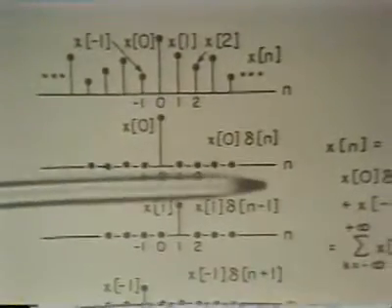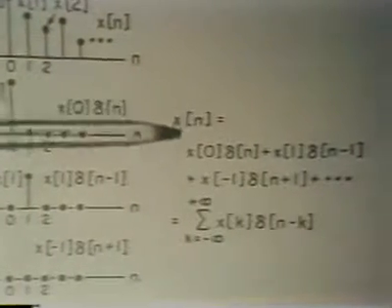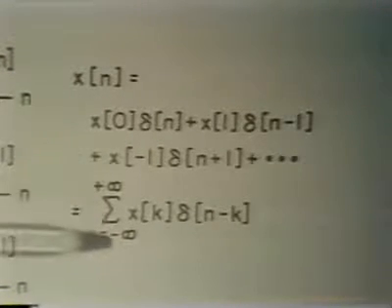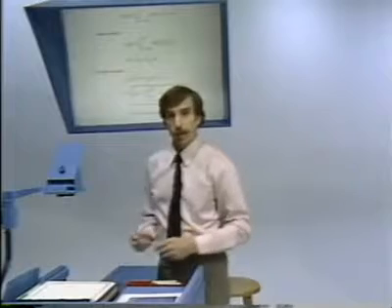Algebraically, then what that corresponds to is representing the sequence as a sum of individual terms, as I've indicated here, or in terms of a general sum, the sum of x of k delta of n minus k. So that's our strategy. The strategy is to decompose an arbitrary sequence into a linear combination of weighted delayed impulses.